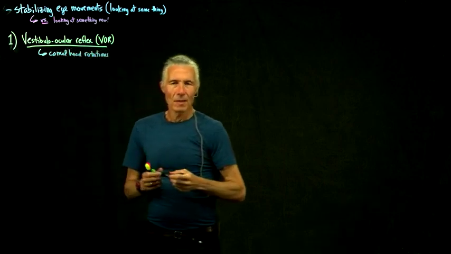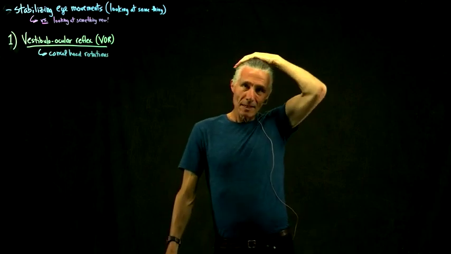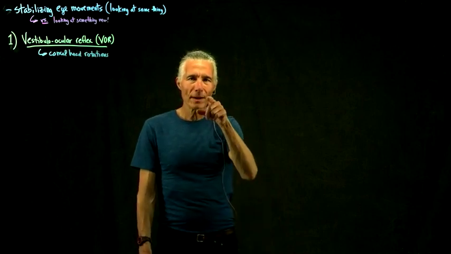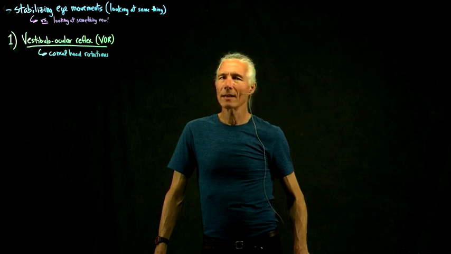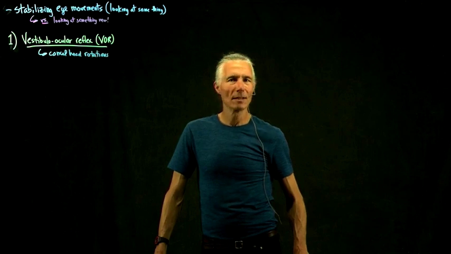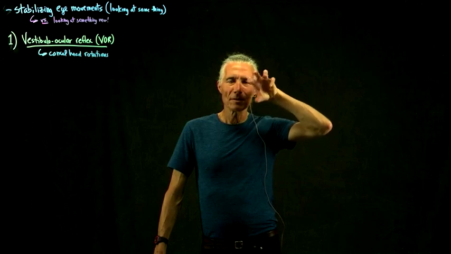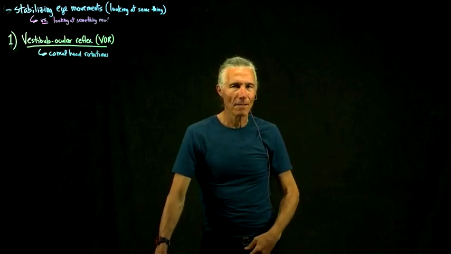So what is the vestibulo-ocular reflex? It's basically when you rotate your head. If you're looking straight ahead, and you rotate your head and continue looking straight ahead, you can, if you look in the mirror and do this, just move your head around and look straight into the mirror, you'll see your eyes are just rotating around in your eye socket in order to keep your eyes straight ahead.